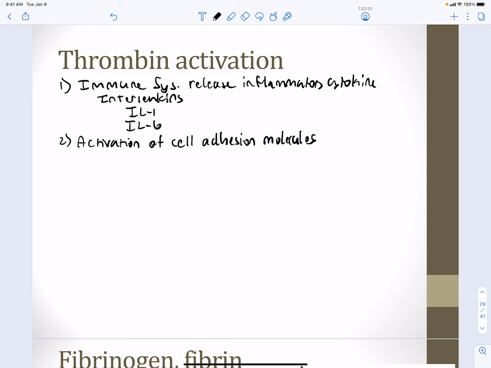And these are known as ICAMs, intercellular adhesion molecules. These are going to be able to bind to immune cells, such as your monocytes, neutrophils, and granulocytes, and they bind to a series of molecules called integrins.